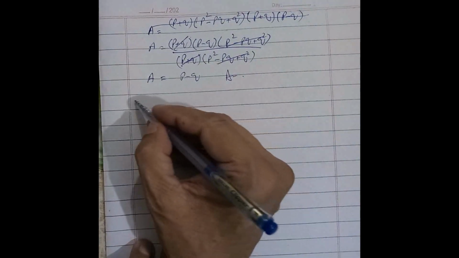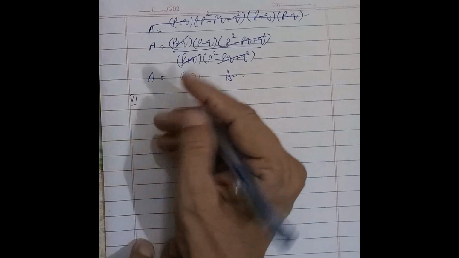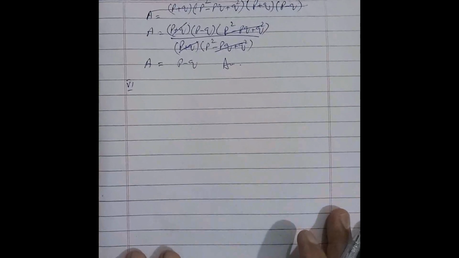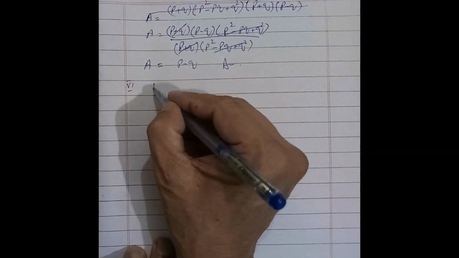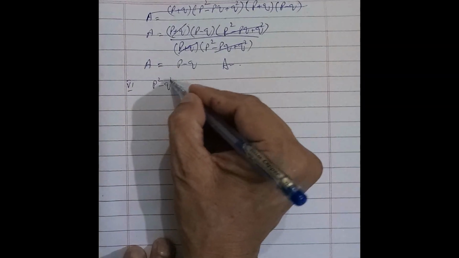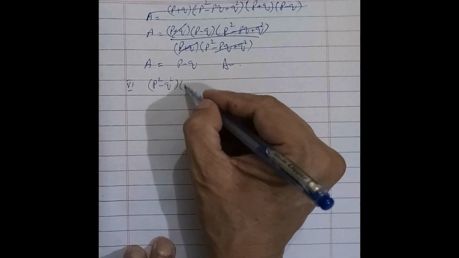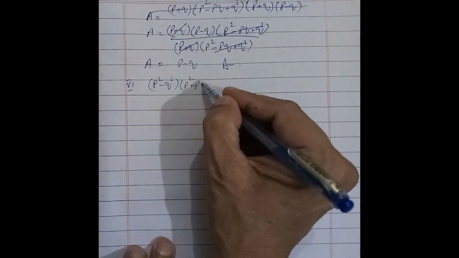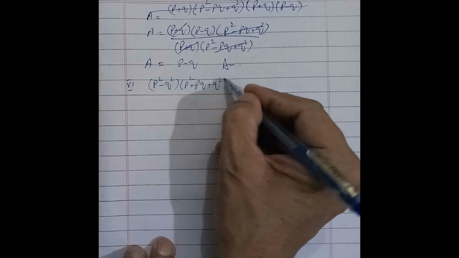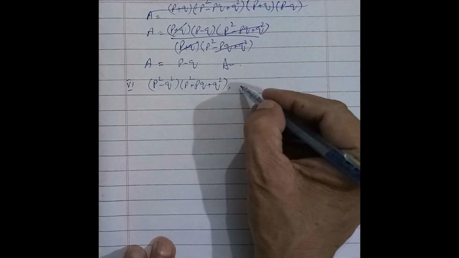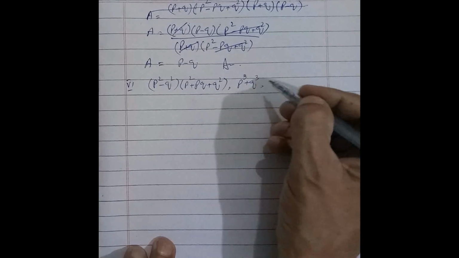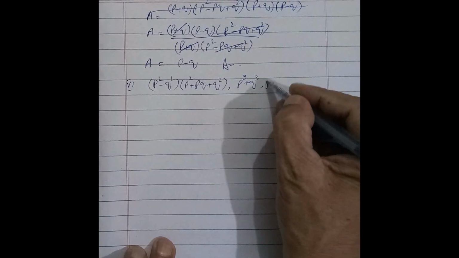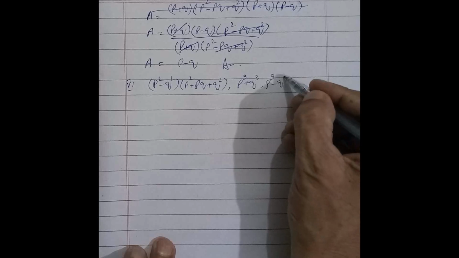And the last, which is the sixth part, we write the values first. P square minus Q square into P square plus PQ plus Q square, and the second is P3 plus Q3, and the next is P3 minus Q3.